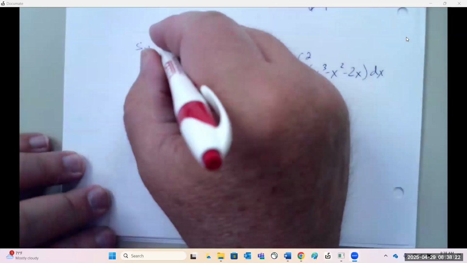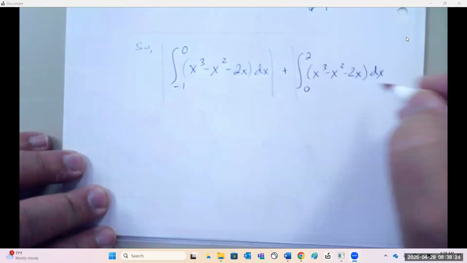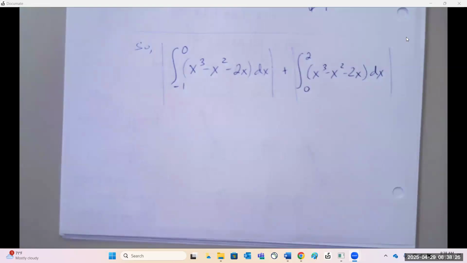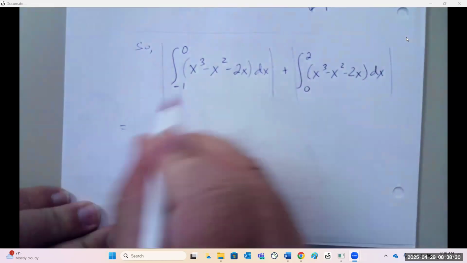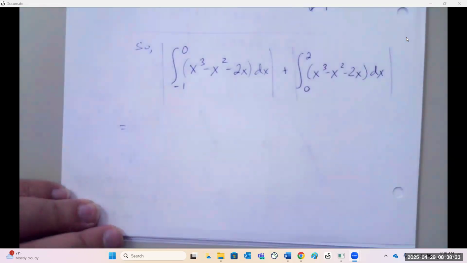And then whatever they are, we're just simply going to take the absolute value of those and add them together. So what's the integral of x cubed minus x squared minus 2x?